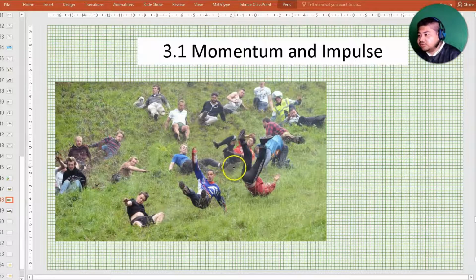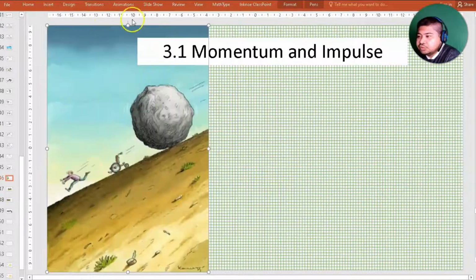When they start gaining speed, they have gained more motion, so it becomes more difficult to stop. That's why you are seeing this situation, where everybody just falls down on their back and they are struggling to stop themselves.